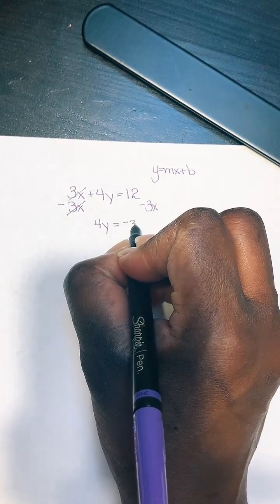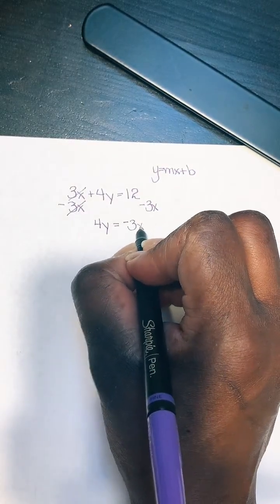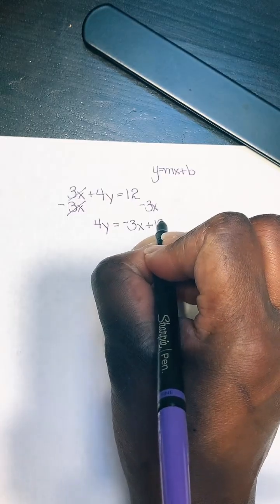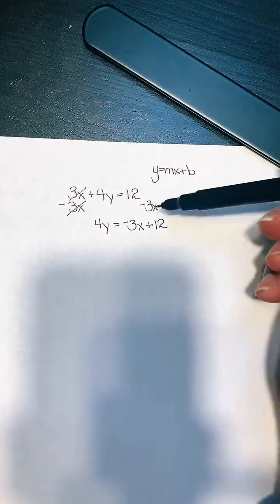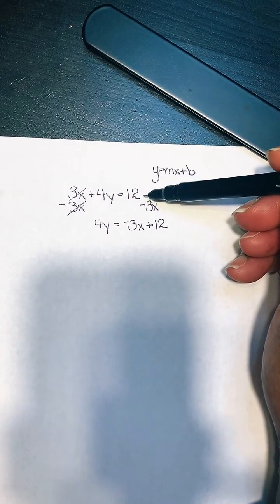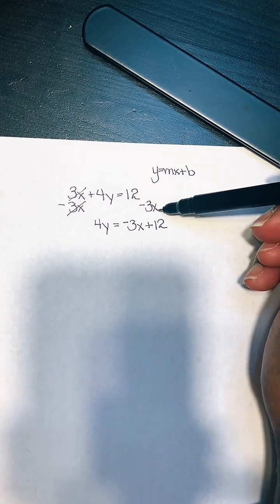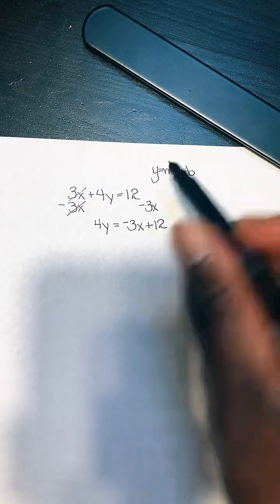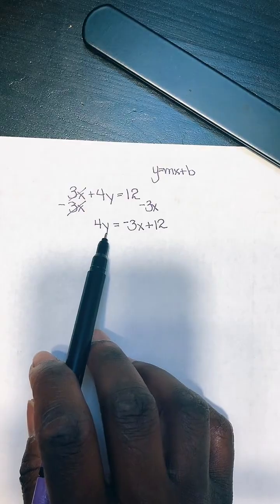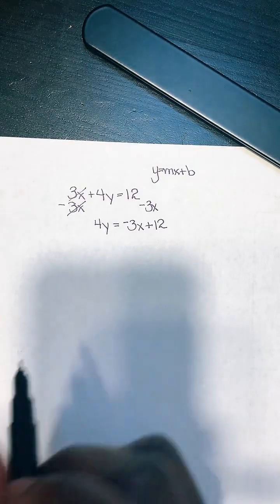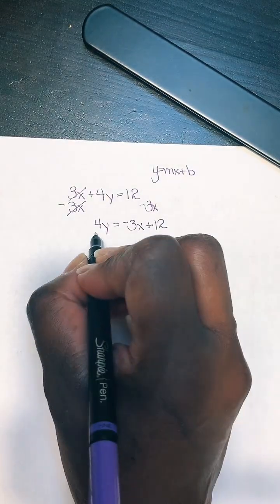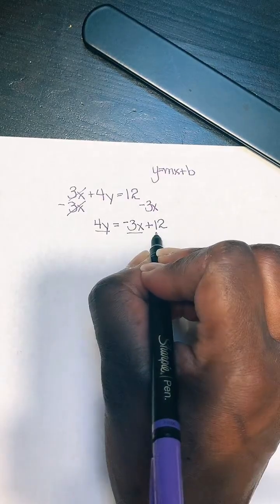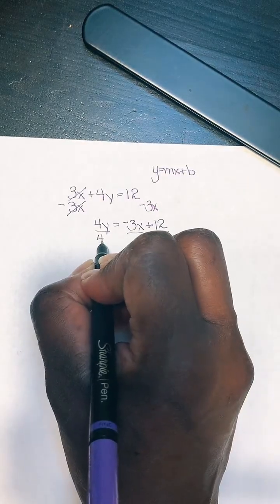I like to put it in slope-intercept form, so negative 3x plus 12. The reason why I can't combine these two is because 12 does not have an x, but the negative 3 does. Okay? So now I want to get y by itself, so I would definitely need to divide everything by 4.